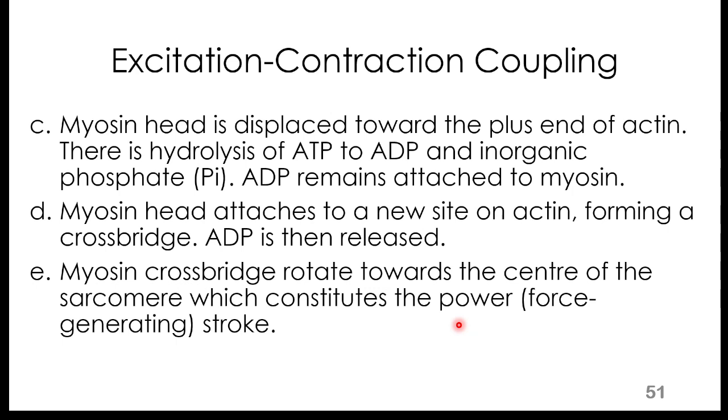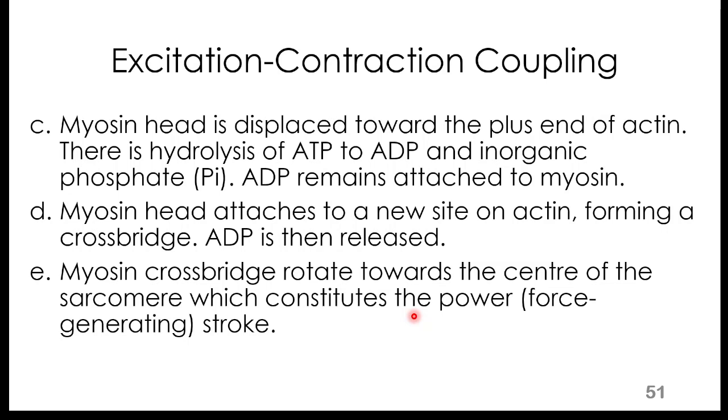The ATP is hydrolyzed to ADP and Pi. Then the myosin head attaches to a new site on actin, forming a cross bridge. ADP is then released. The myosin cross bridge rotates towards the center of the sarcomere, and this constitutes the power generating stroke. That's the power stroke.